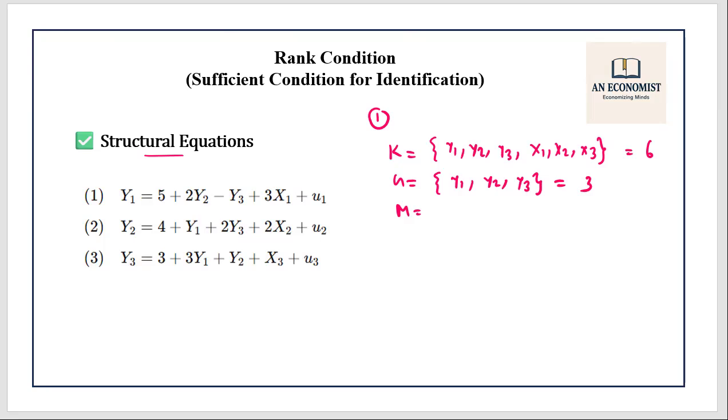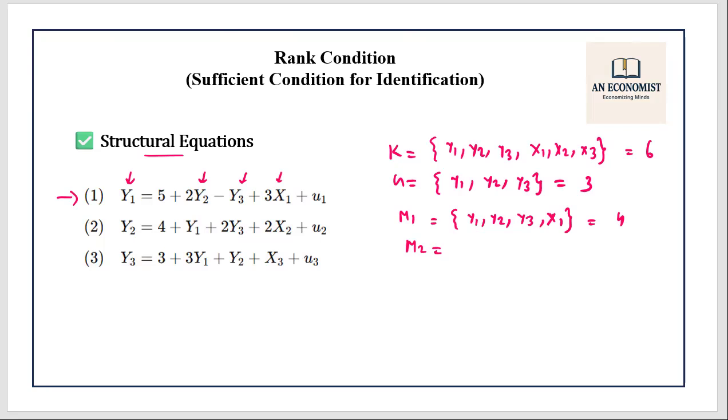Now this m value will vary for each of these equations. Let me call the m for the first equation m1. M1 is the total number of endogenous and exogenous variables present in equation 1. So in this equation, 1, 2, 3, 4: y1, y2, y3 are all endogenous, and then you have x1, which is exogenous, so m1 is 4.